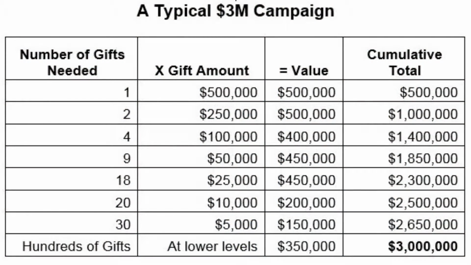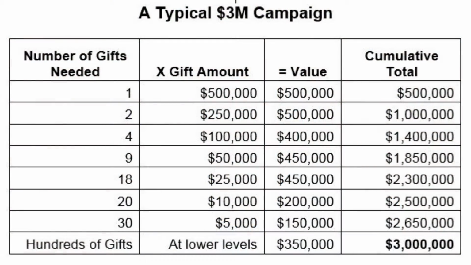It's also nicknamed a giving pyramid because the number of gifts needed at each gift level gets progressively larger as the gift amount gets smaller. Each gift is like a brick in a pyramid with, in this case, a single capstone gift at the top and hundreds of gifts at the bottom. This table represents an initial plan of attack, if you will, a plan that will be refined over time.